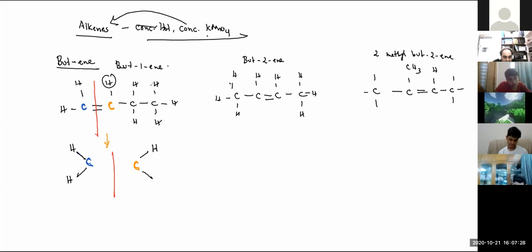What is the R group here? How many carbons are there in the R group? 2 carbons. So what is the name? Ethyl group. Very good.